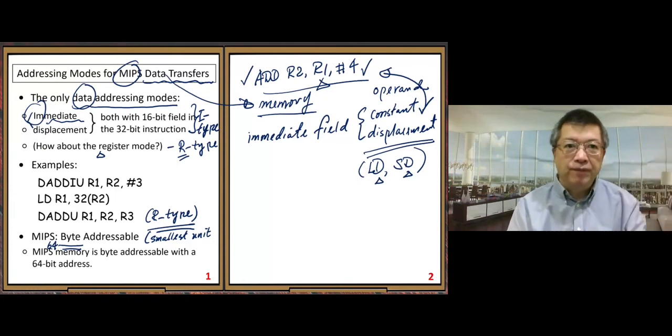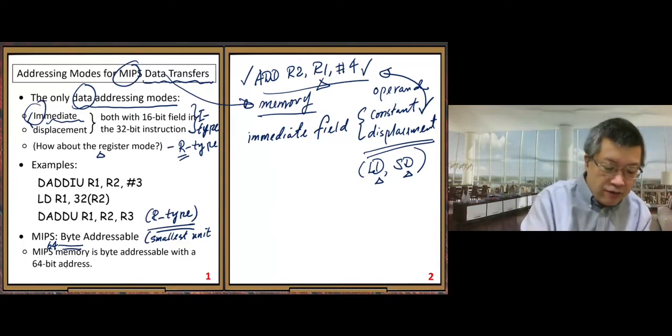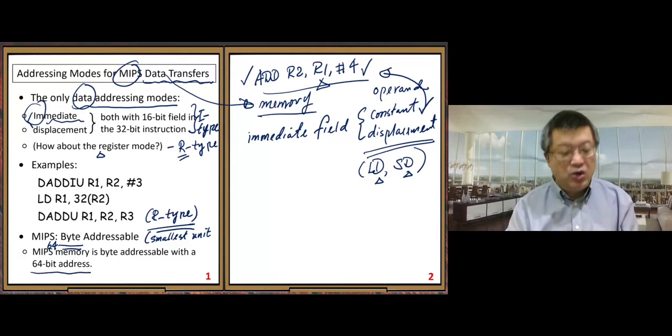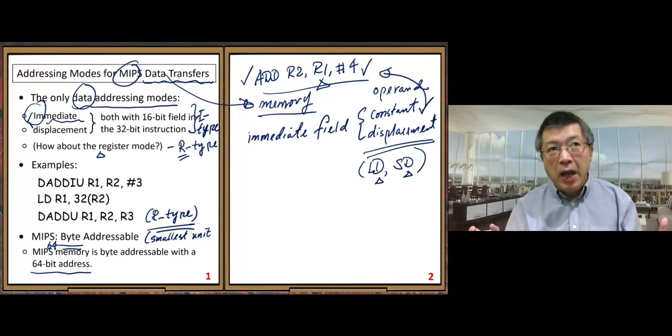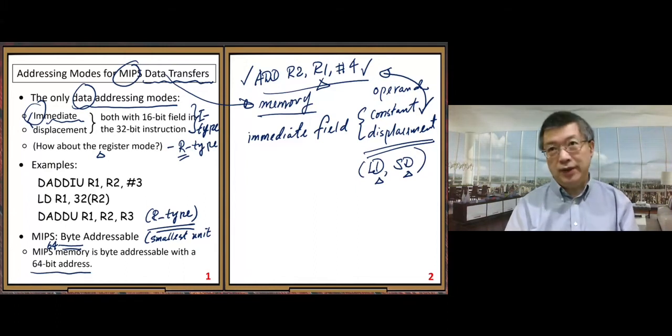Byte addressable with a 64-bit address space. Each data item is 64 bits, a double word.